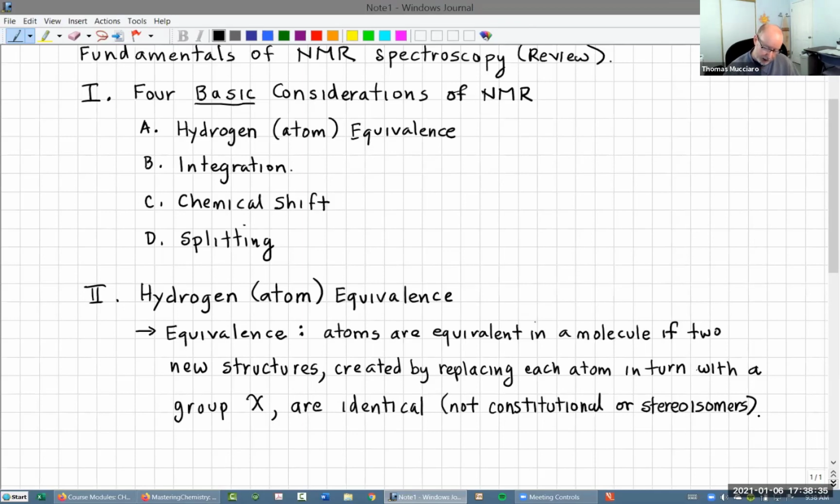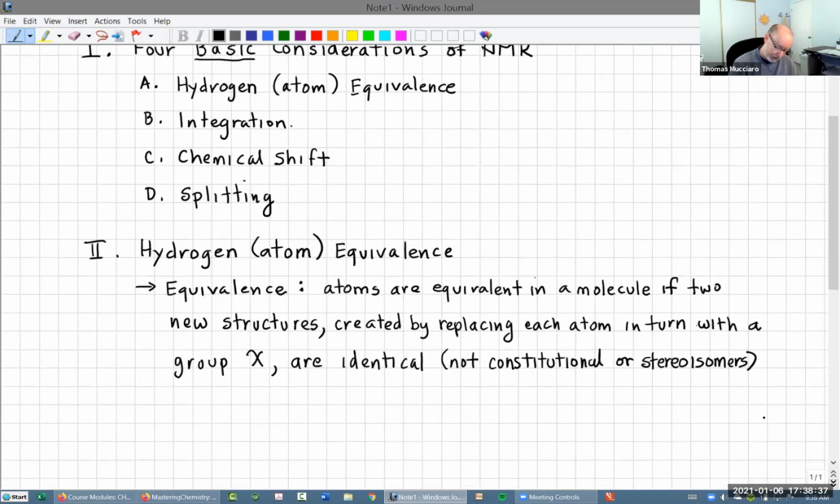This is generally called chemical equivalence. Okay? So tomorrow we're going to talk about magnetic equivalence, and we're going to talk about also stereoisomer non-equivalence, like if the two things are diastereomers.